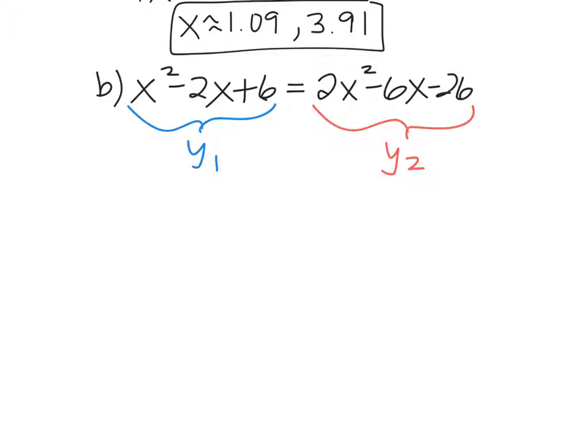It's going to be two parabolas intersecting. And if they do not intersect, then, of course, the answer would be no solutions, because sometimes they don't intersect. And then 2x squared minus 6x minus 26. Okay, and then I hit graph. Let's see what this looks like.